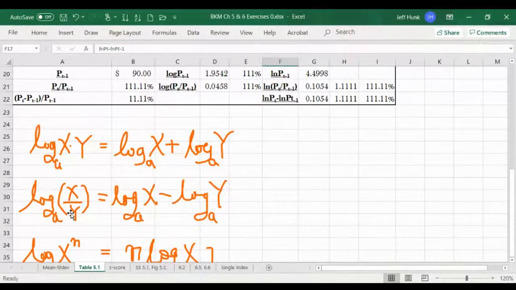Log of x over y to base a, then you can break it up, because it's also related to the exponent rule, right? Exponent rule.